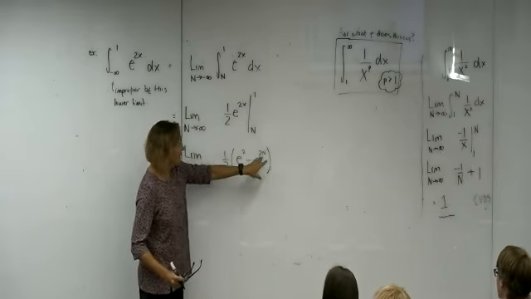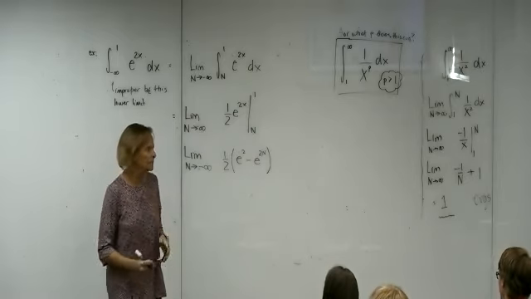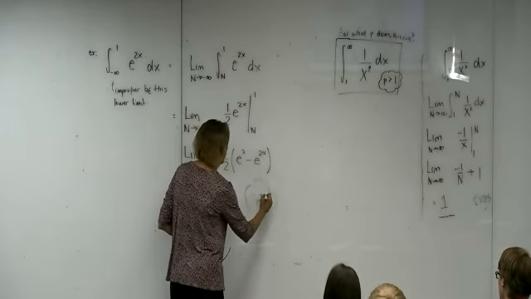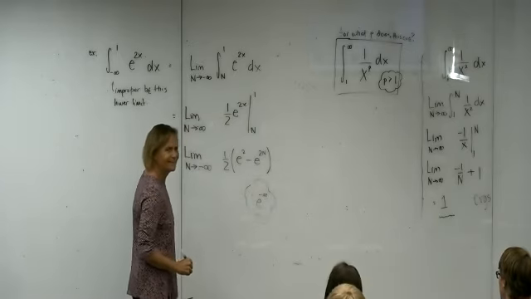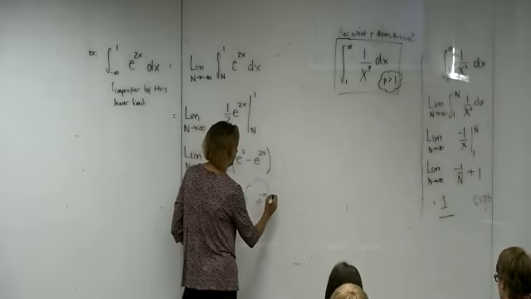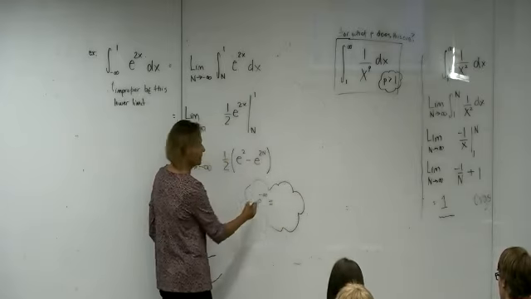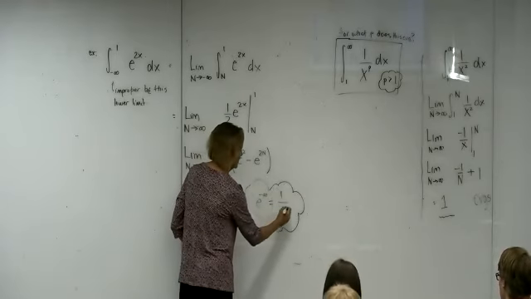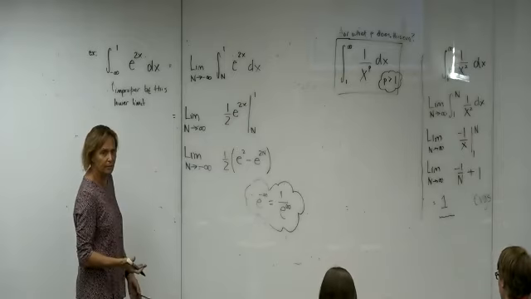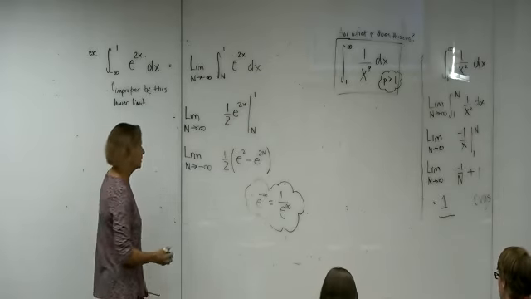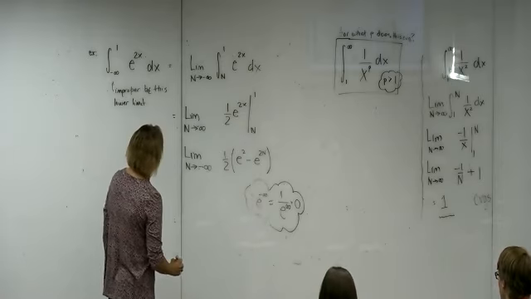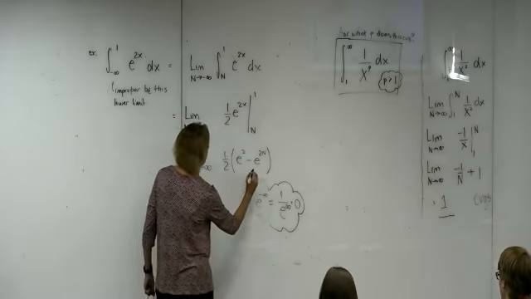So what's the behavior of e to the minus infinity? Which is 0. If you have a negative exponent, you can think of that as moving it down. E to the infinity gets big real fast, divide that into 1, poof, it's gone. And so this is going to 0.